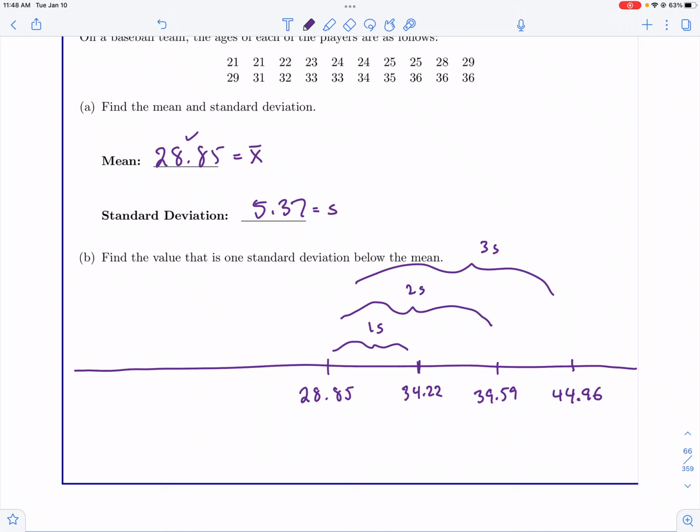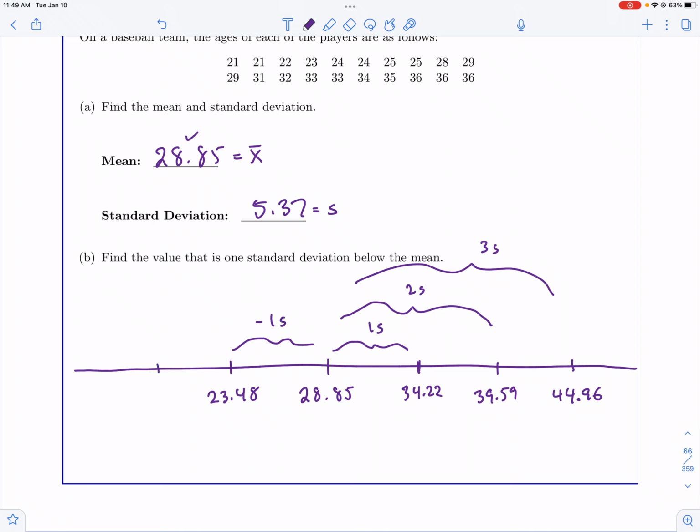All right, so now if we want to go standard deviations below the mean, instead of adding, we're just going to subtract that 5.37 from the 28.5. So minus 5.37. So this gives me 23.48. And so this is minus 1 standard deviation away.